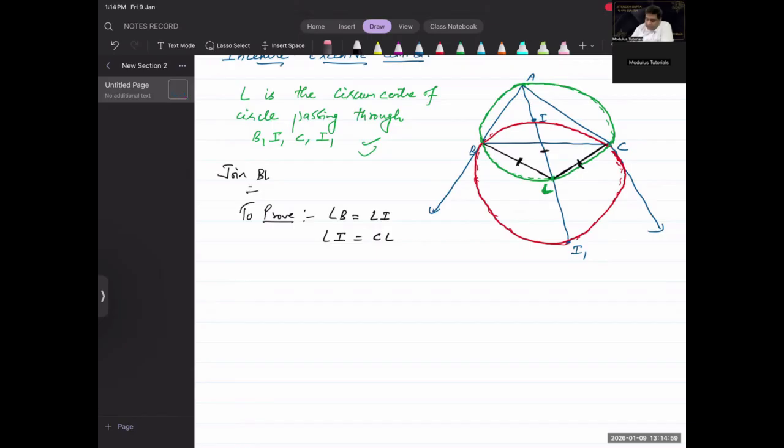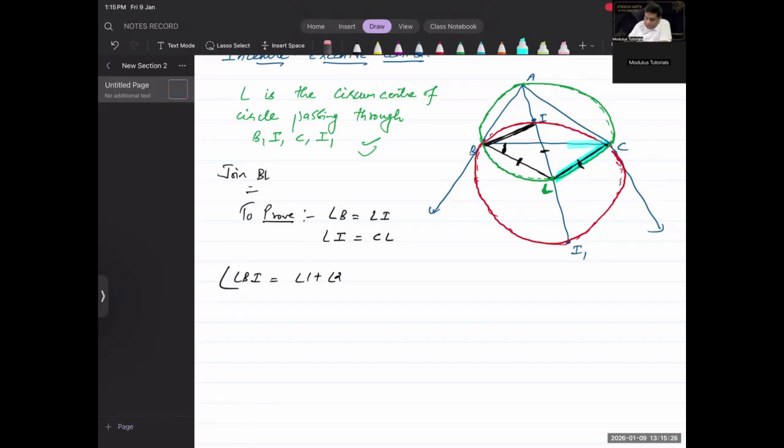So guys, if you see LBI, not I1, LBI, right? Now see this, angle LBI is equal to angle 1 plus angle 2. Like I have this angle, right? Now this angle, if you notice, this is the chord.